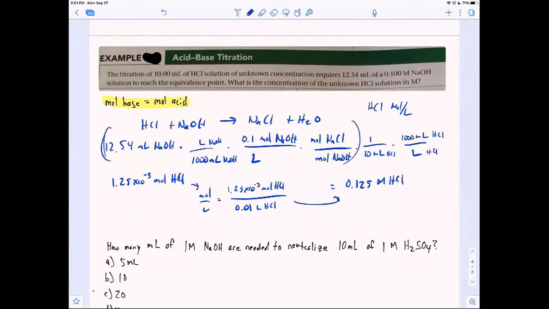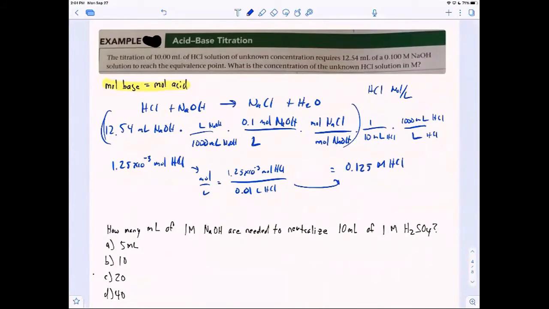So a recap for this one, we're doing a titration, which means we're trying to figure out how much of something is in something. In this case, we want to know the concentration of hydrochloric acid. In the lab, you'll use a pipette, which gives a very accurate reading. So you pipette 10 milliliters of hydrochloric acid into your Erlenmeyer flask and put some phenolphthalein into it. It looks clear. Then you have your burette with sodium hydroxide, and you either have the stir bar or you shake it, and you turn on the burette, and you find out that it turns pink after 12.54 milliliters.